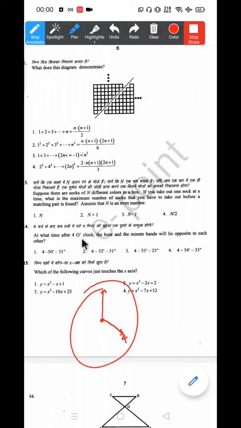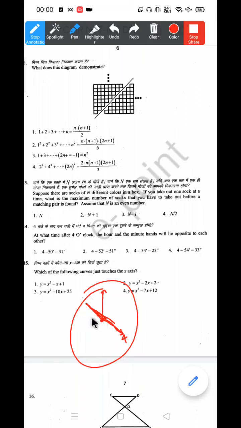At what time will the hour and minute hand lie opposite to each other? The minute hand will go somewhere here, right? That means it should make 180 degrees.